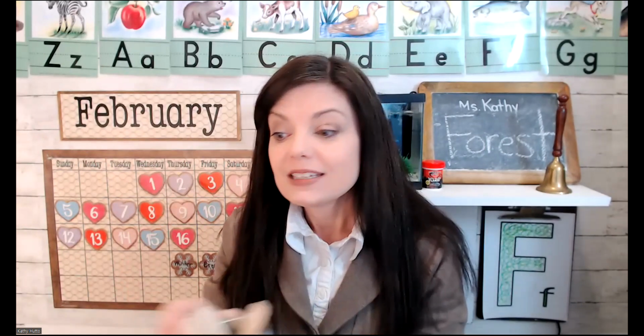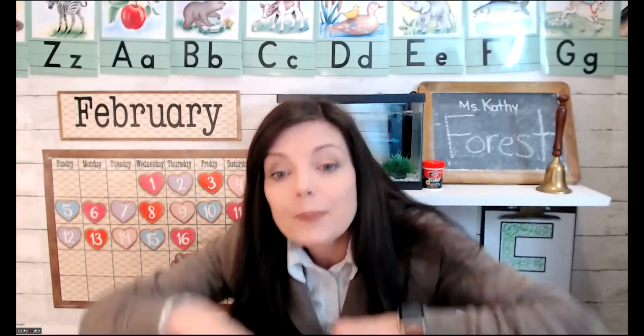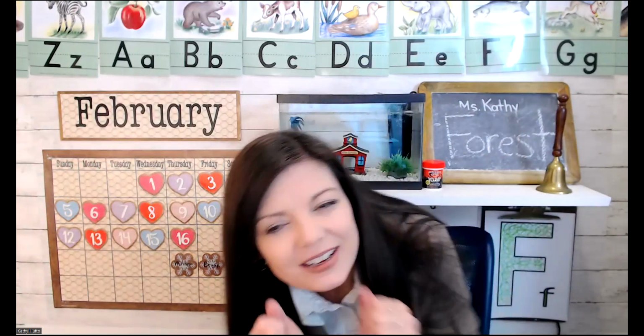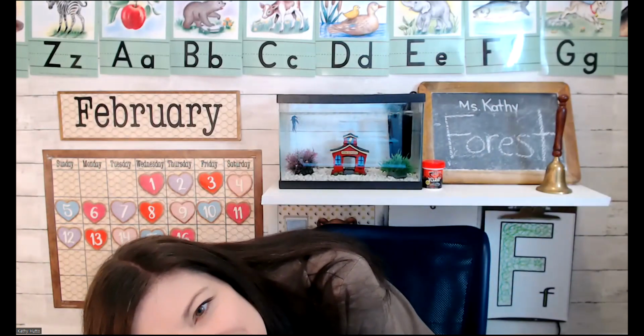Grow. So we're going to get down really small, and then we're going to grow up really tall like a tree. Can you get down really low? We're going to be a little seed.